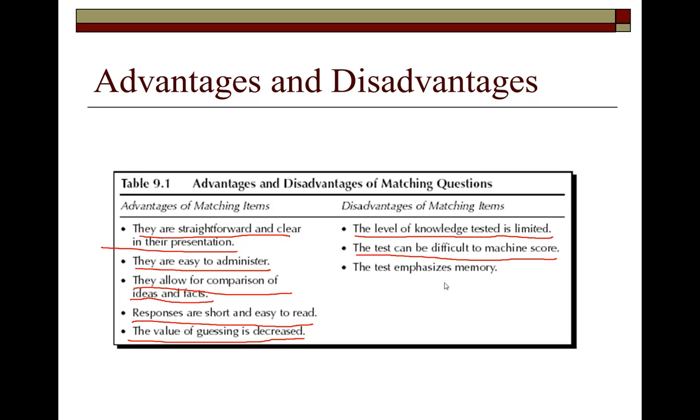So you may have to make yourself a little answer sheet to fold over there to the side so you can get all of your matching option answers graded there. And the test can emphasize memory. If they just memorize the information just long enough to be able to match the right answers, then we haven't really accomplished a whole lot, or know exactly how much they know. We do know that they can memorize.